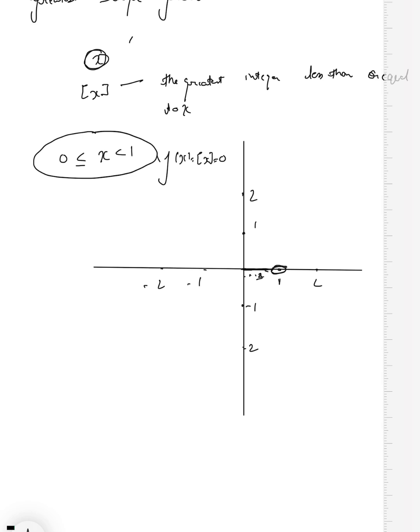And if I put x as 1, 1.5, anything in between but less than 2, I always get the greatest integer as 1.